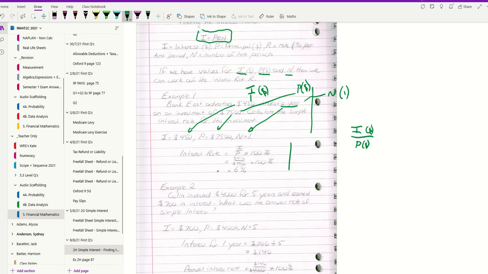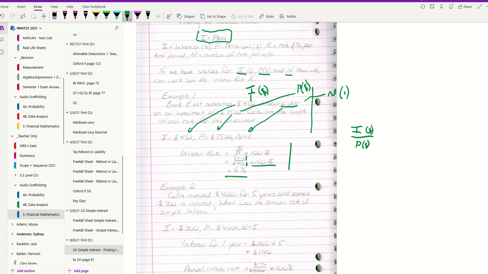So we can set this up like we did in our earlier examples, where we're finding what percentage one quantity is of another. So our interest rate is going to be the $450 that we earned divided by 7,500, which is the principal, times 100%, which gives us 6% per year.